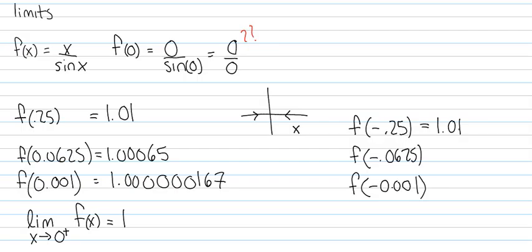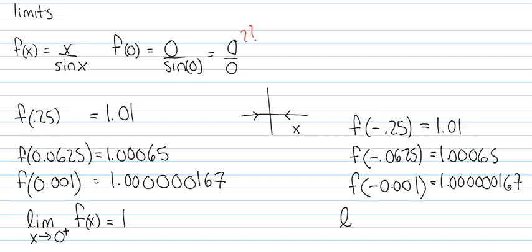F of negative 0.0625 is going to be 1.00065, and f of negative 0.001 is going to be 1.000000167, like it was on the positive side. So looking at this, we can see that these numbers are also approaching 1, and if you wanted to be extra careful, you could try values of x even closer to 0. But we can say that these numbers do appear to be approaching 1.